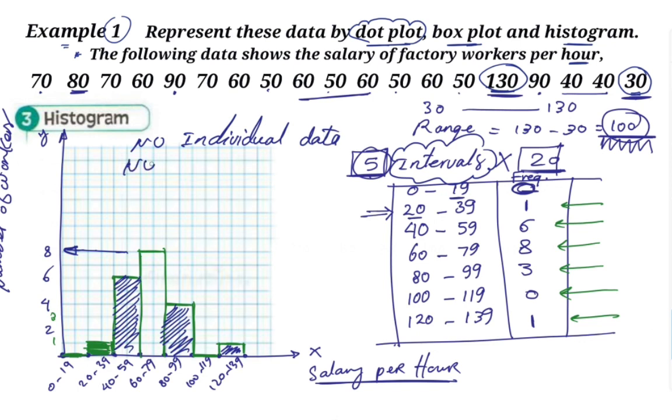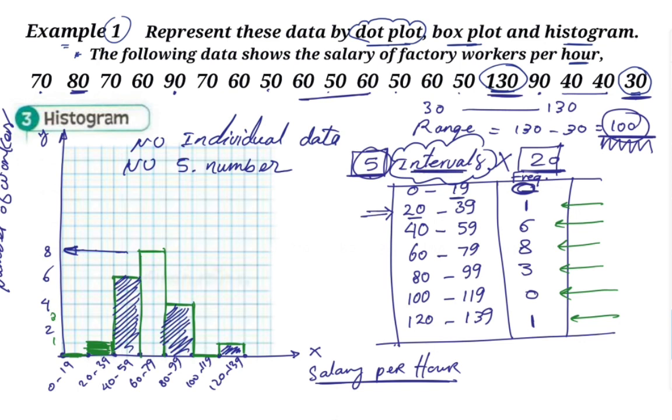Also no five number summary. What's 5 number summary? That's a median, lower quartile, upper quartile, or minimum or maximum. There is no any one of this data. Just I use it for intervals.